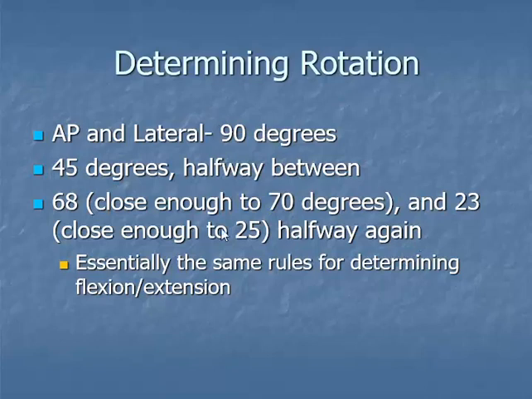So in order to adequately position for an oblique of the T-spine, just imagine 45 degrees and 90 degrees and going halfway in between that. That would put you at 68 degrees, because half of 45 would be 22 and a half. We'll round that to 23, so 23 plus 45 puts us at 68 degrees. That's close enough to 70 degrees that you're not going to see any mispositioning between 68 and 70 degrees.